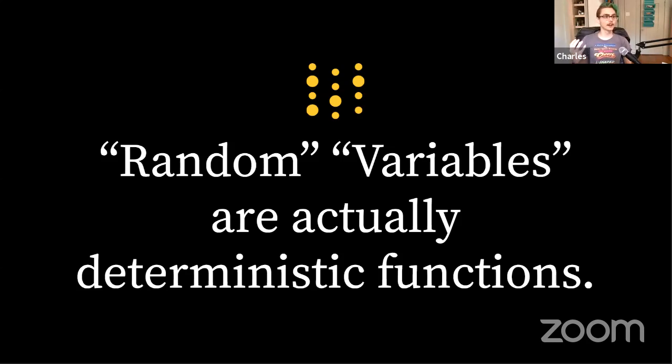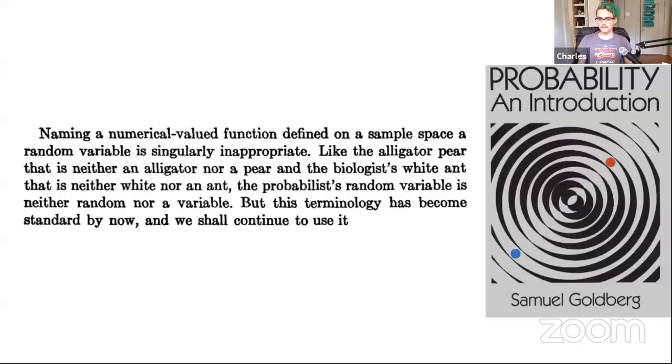They are not variables that are random. They're actually deterministic functions. And so we're going to go through the typical definition of random variables and see how understanding this definition and recognizing how and why it's different from the intuitive definition helps us better understand the things we can do with random variables.